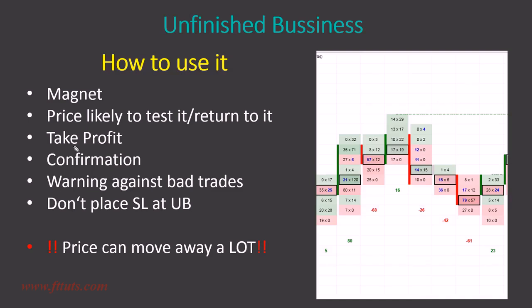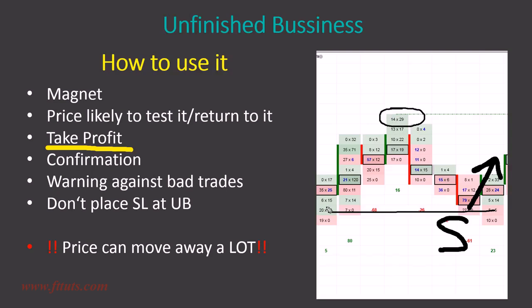How you can use it is as a take profit. So let's say that there was some trading signal in here. Let's say that there was a support based on volume profile or order flow. You went long from there, and you know that this will work as a magnet, that the price will most likely return to this price level.